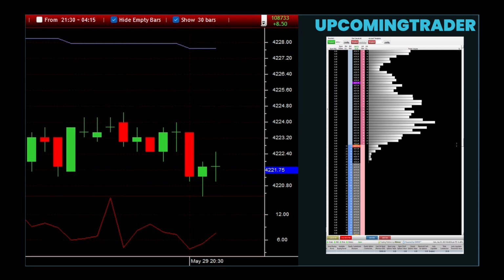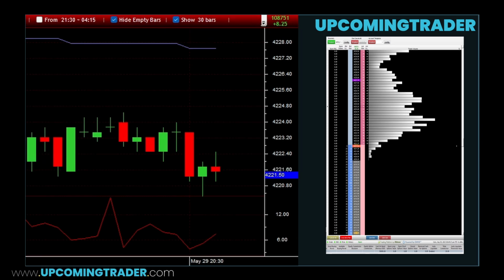Pennants are similar, but they form a triangular shape as the price consolidates. Both of these patterns can help you understand when a trend is likely to resume. One more helpful pattern is the ascending triangle, which forms when the price hits resistance at the same level multiple times, but continues to make higher lows.